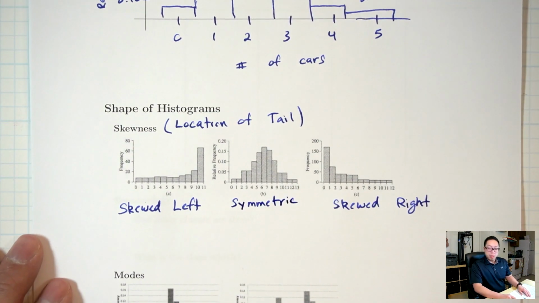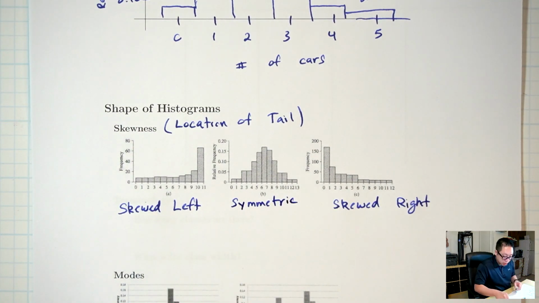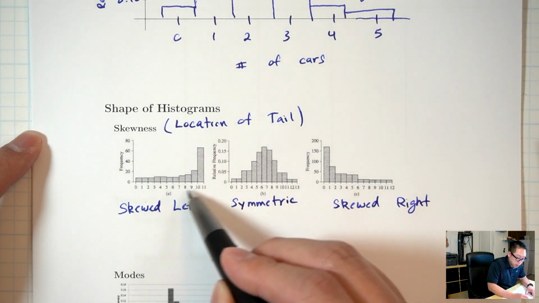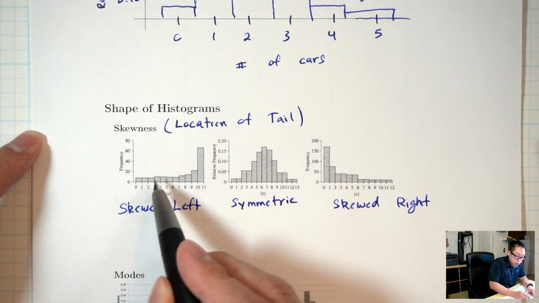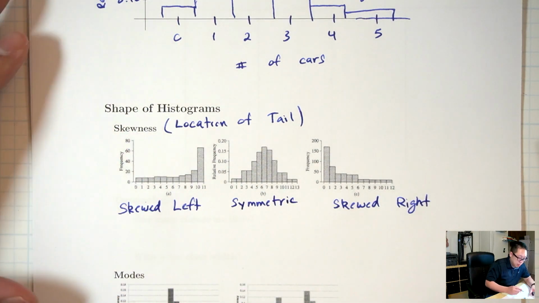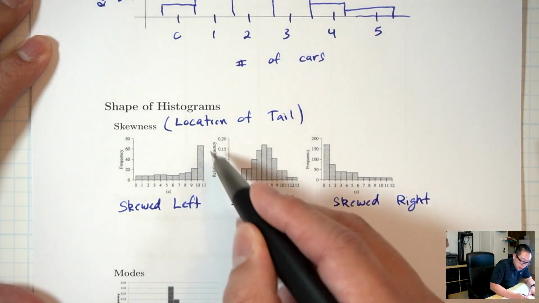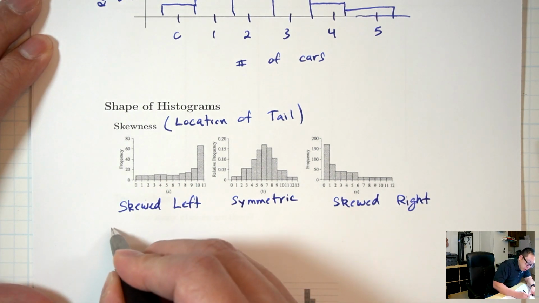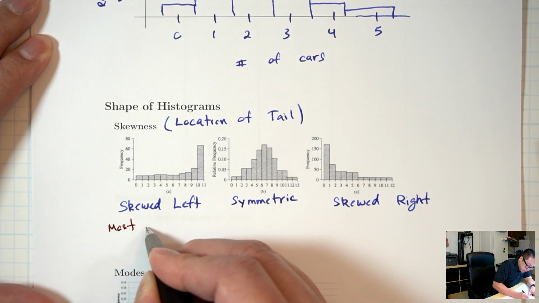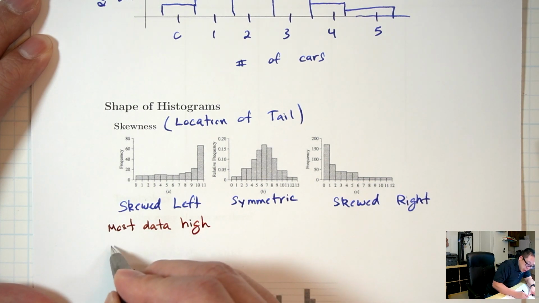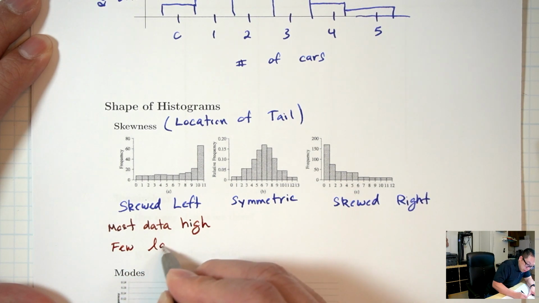Now, what does this mean? For skewed left, notice that most of the data is over here on the high side, and then you have a few on the left side. So for skewed left, what that really means in real life is that most of the data is high, and then you have a few low.